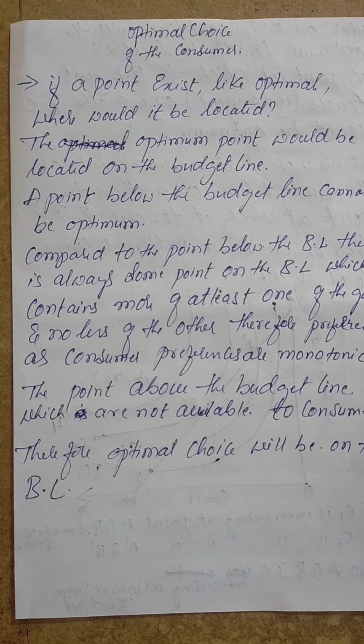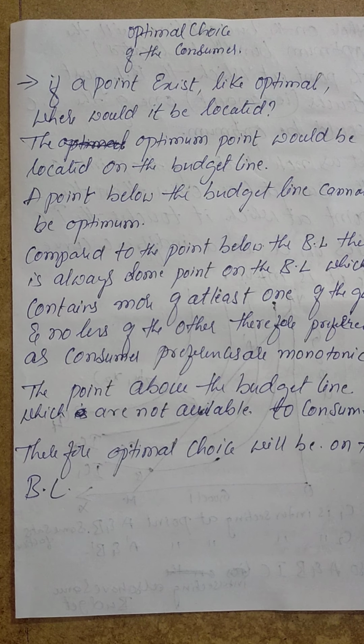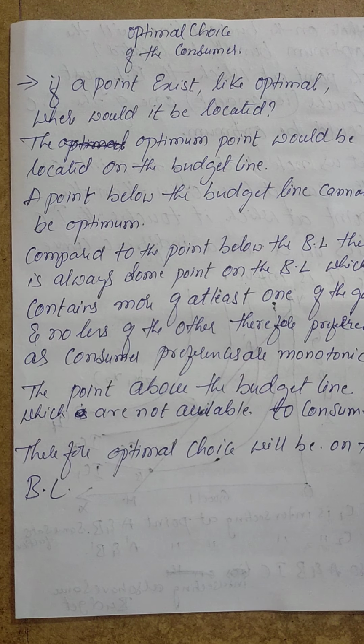We should observe very clearly that he has to purchase the products within a certain amount only, not beyond it. That is the main reason the point above the budget line will not be available for the consumer to purchase. Therefore the optimal choice will be on the budget line itself.